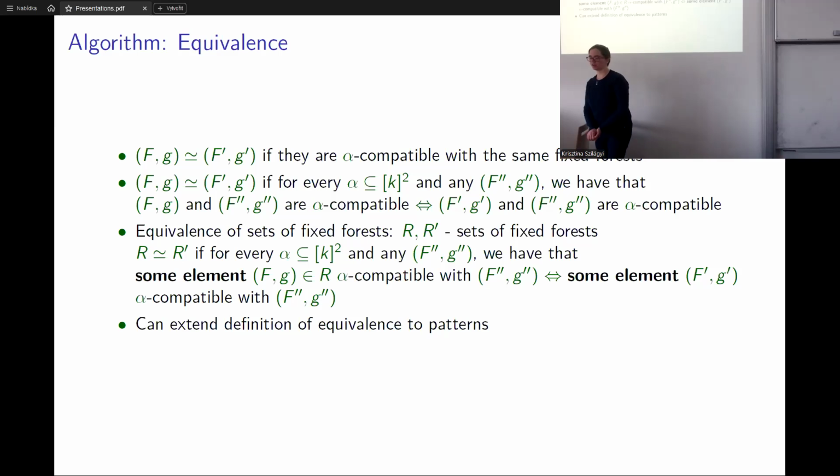So the definition here for the equivalence of sets of fixed forests is that we need to have some element in one set that is alpha compatible with the fixed forest that comes from the future. And similarly, we can extend this definition to equivalence of patterns.